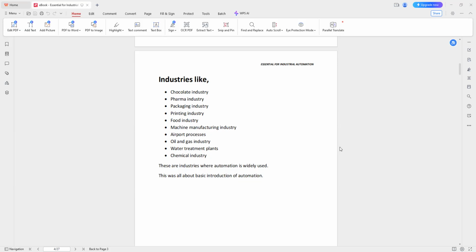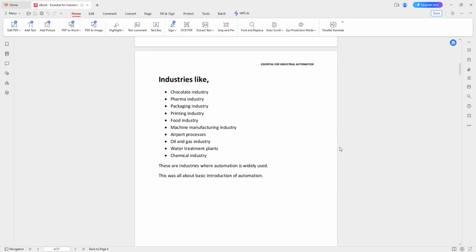Packaging means packing of any product. Printing means printing any product or any clothes. Machine manufacturing industry means any industry that is creating machines, who is developing the machines, right? For example, some industries are just service providers to other companies.